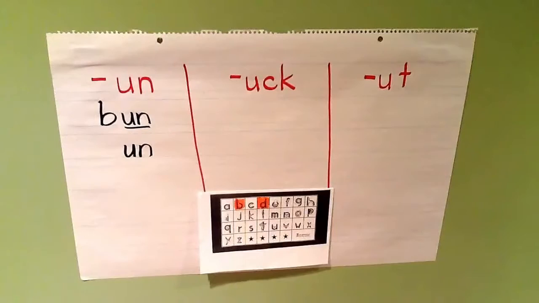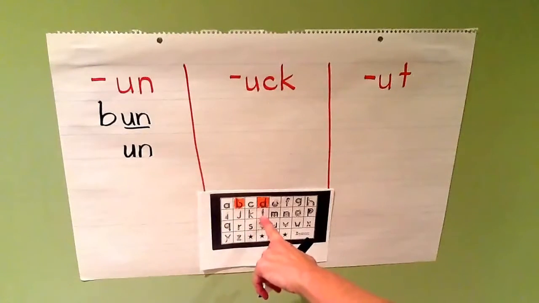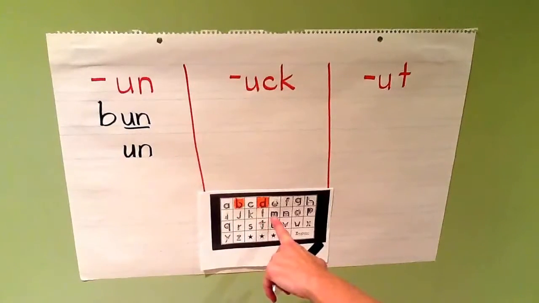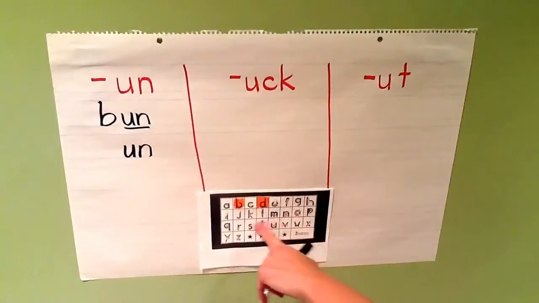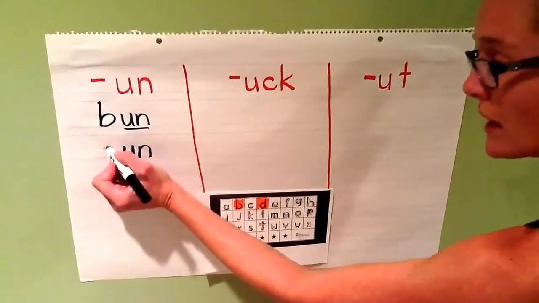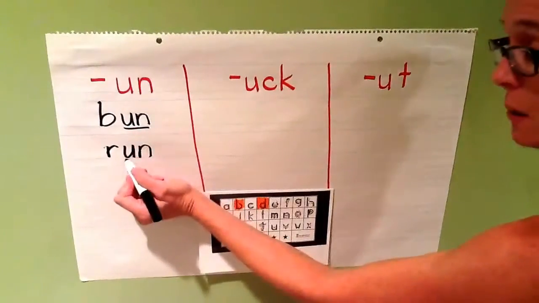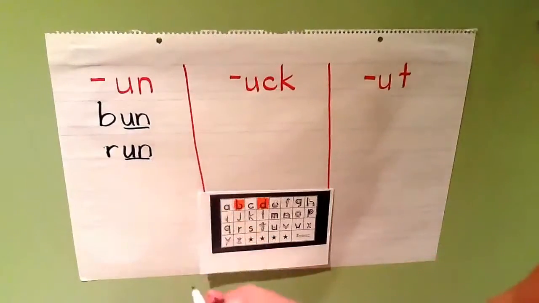Do you see another letter we can add to the beginning of un? Lun? No. Mun? No. How about the R? Run. Run is a real word, isn't it? So by knowing un, it helps me to write the word run.